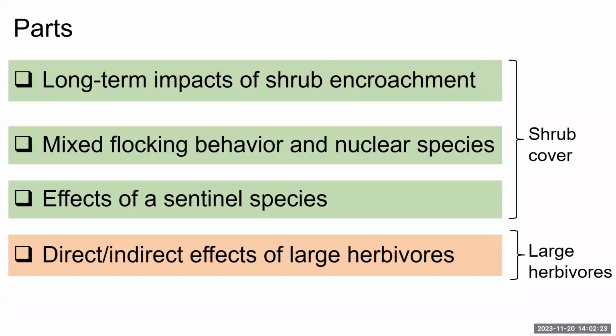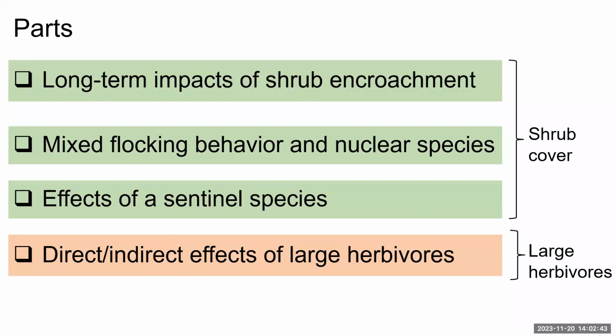And I wanted to zoom into a special nuclear species, which is called the sentinel. These species provide anti-predator benefits. So I wanted to zoom into this species to understand further how these associations are occurring in our savannas.